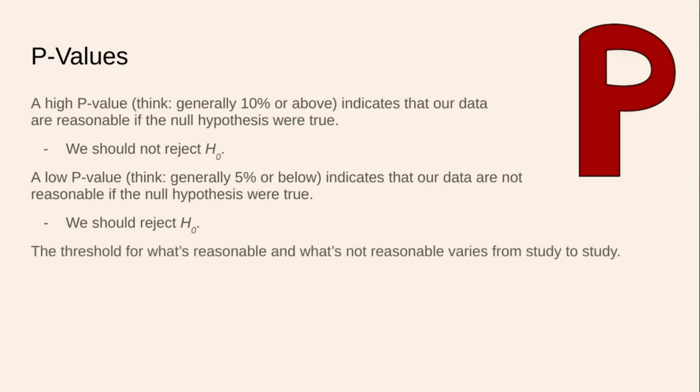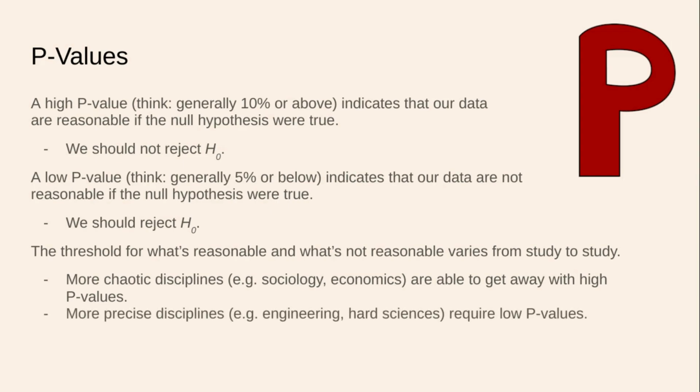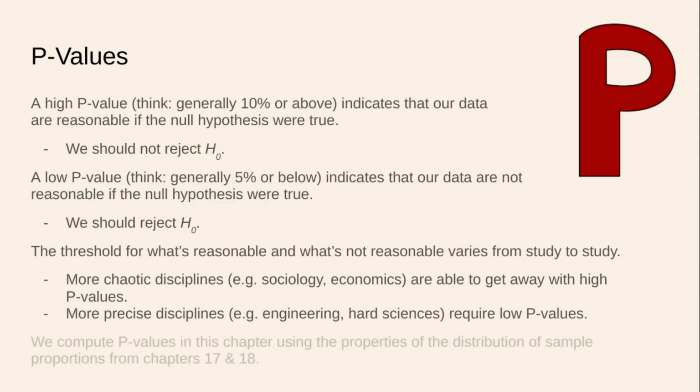So the threshold for what's reasonable and what's not reasonable depends from study to study. More chaotic disciplines like sociology and economics are able to get away with very high p-values relative to that 10% benchmark. More precise disciplines like engineering and the hard sciences require very low p-values.